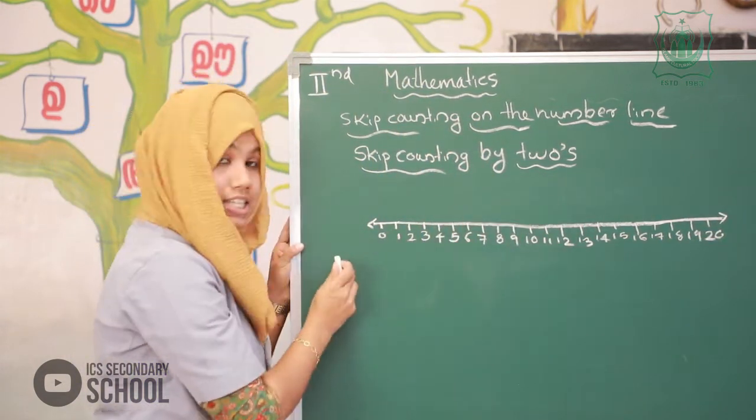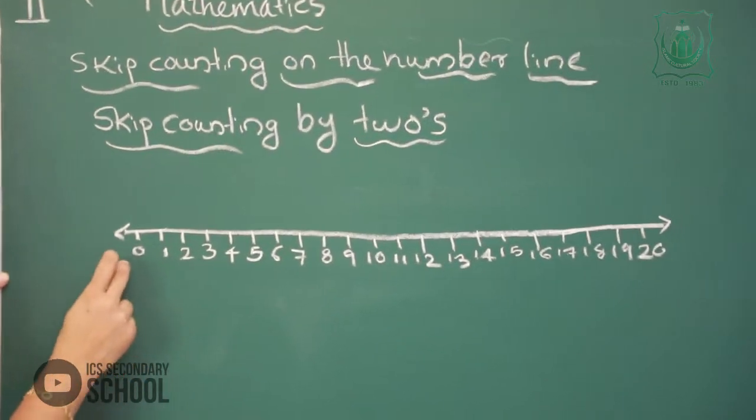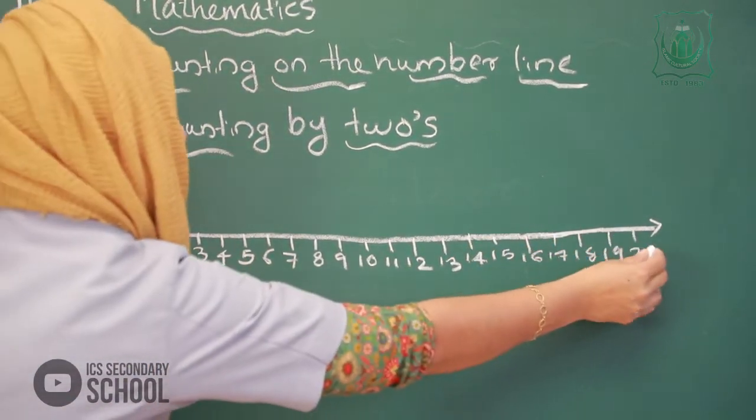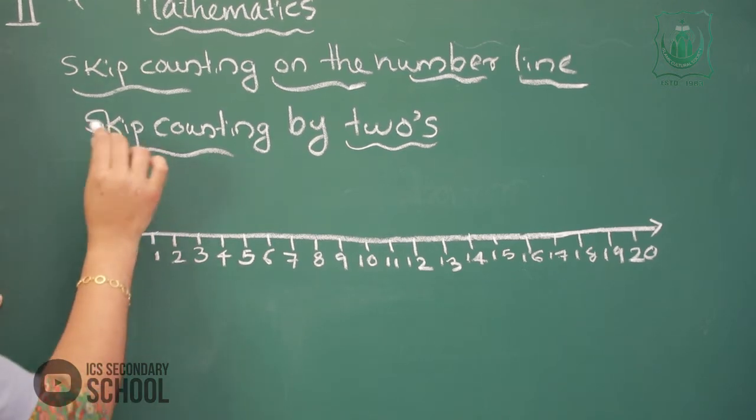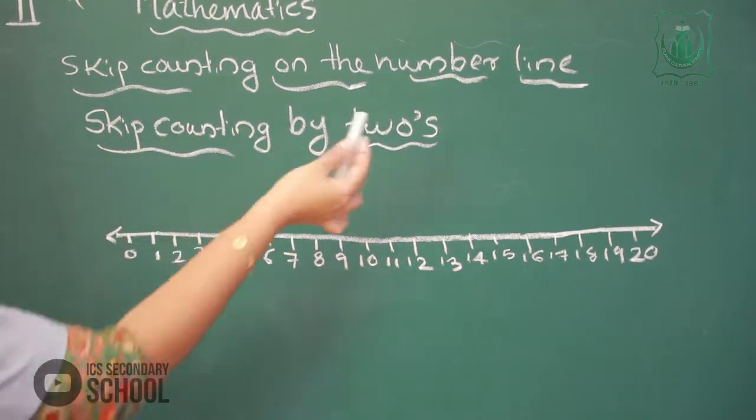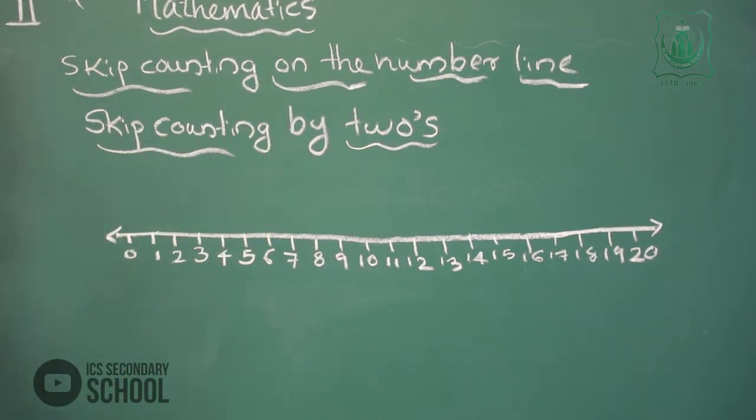This is a number line, from 0 to 20. Can you see this? Now, our topic is skip counting by twos.